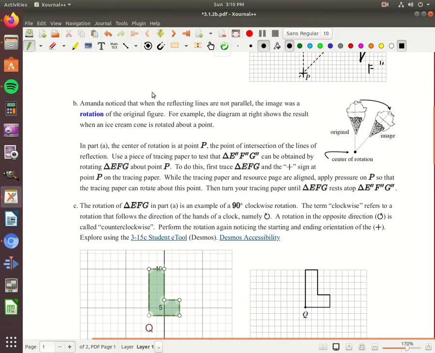So Amanda noticed that when reflecting lines are not parallel, it was a rotation. For example, the diagrams at right show what happens when this ice cream cone is rotated. Again, this is up and it gets rotated over, so now this is up. So it says in part A, the center of rotation is at point P, the point of intersection of the lines.